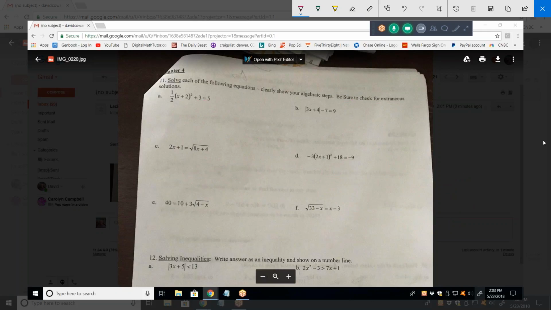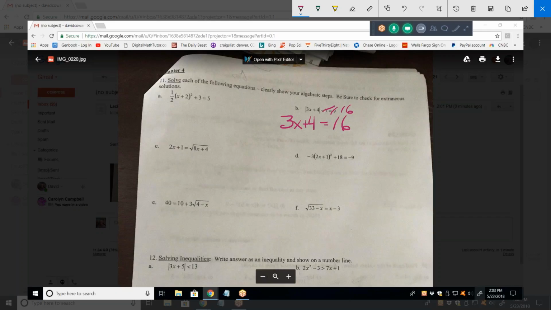Okay. How about number B? What's the first step on B? Add 7. Okay. So that becomes 16. And now what does that mean? Absolute value of 3x plus 4 equals 16. That actually always means two things. What's the first thing it means? I'm not sure. First thing it means is always the exact same thing, just take away the absolute value sign.